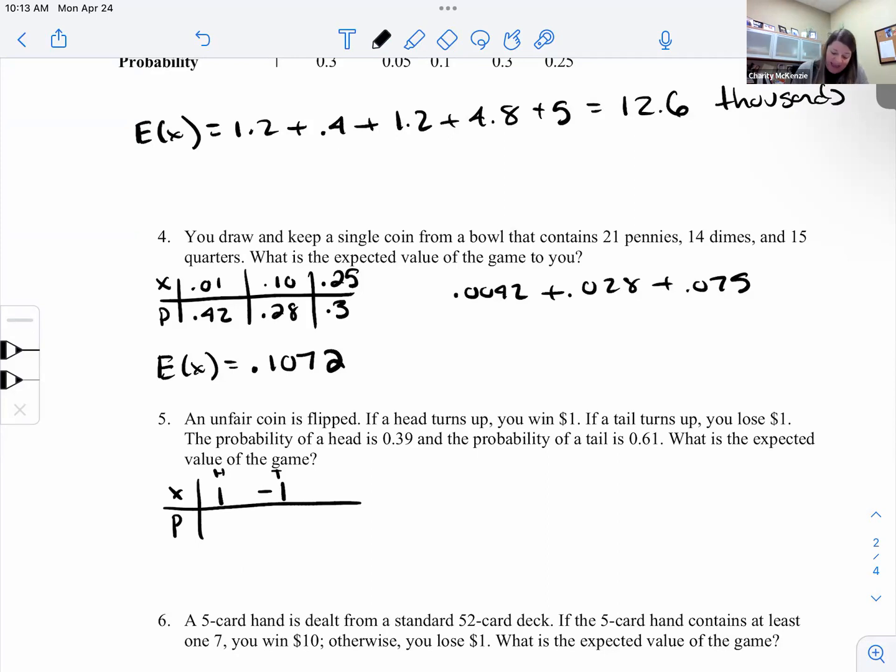And the probability of a head is 0.39 because we do not have a fair coin, and tails is 0.61. So for our expected value, 0.39 times 1 is 0.39, and then add that to negative 1 times 0.61, and I got negative 0.22. So we are going to be in the hole 22 cents.